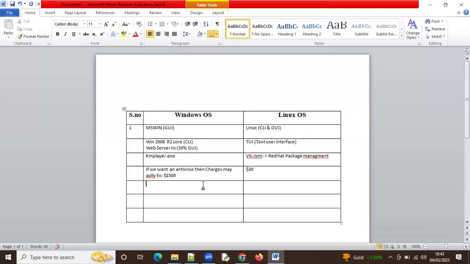For Linux OS, it may be minimum charges, and sometimes they provide it free. I'm not saying that all distributions of Linux OS are free, but some are free and some are costly, meaning we need to pay some amount.